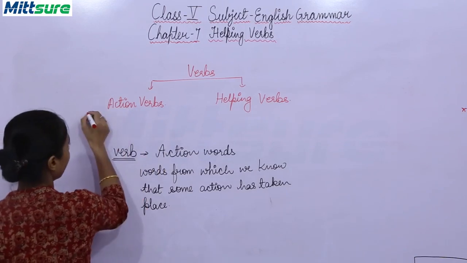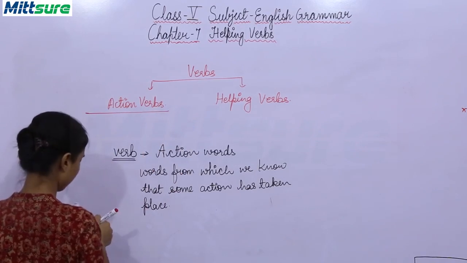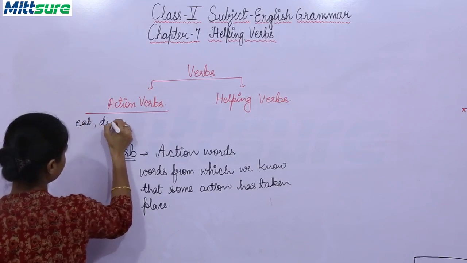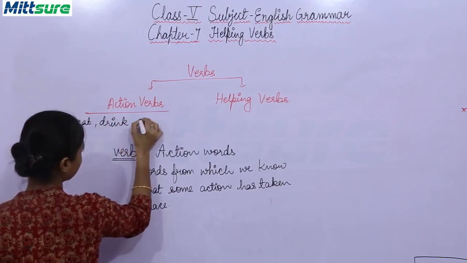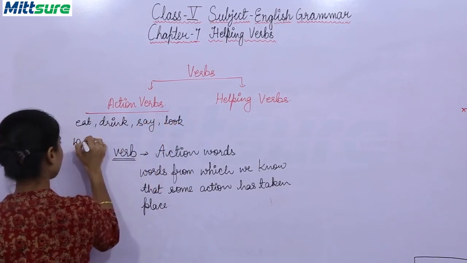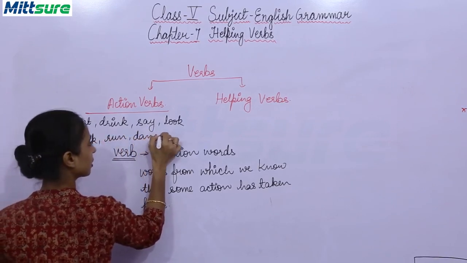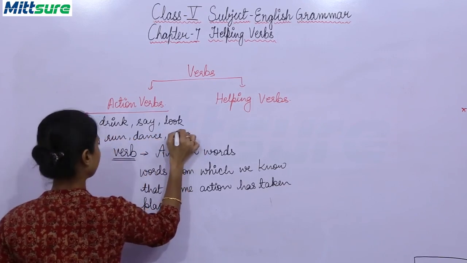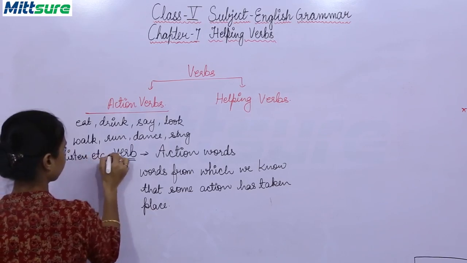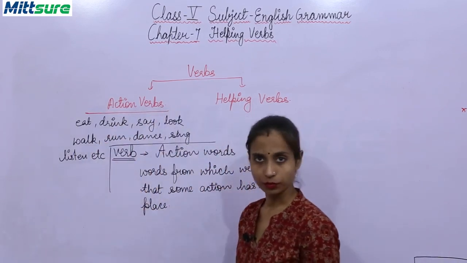Action verbs are simple action verbs like eat, drink, say, look, walk, run, dance, sing, listen, etc. These are action verbs.